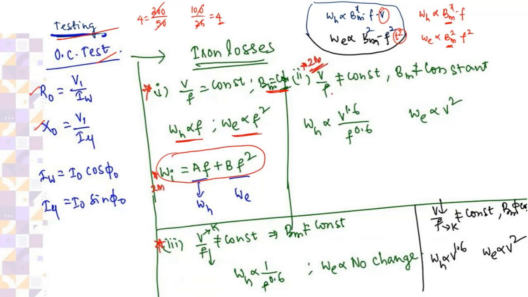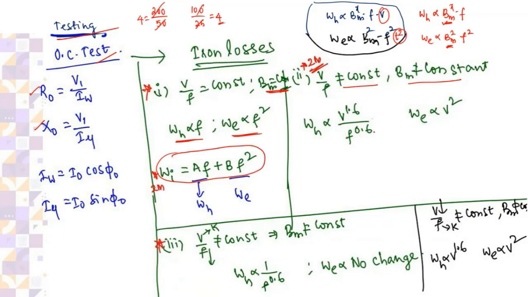Now, if the voltage to frequency ratio is not constant, then the flux density is not constant. Then you need to consider this flux density. So if you consider the flux density, you'll get it. So in place of B maximum power x, I have written V by f whole power 1.6 into f. So here f power 1.6 into f.